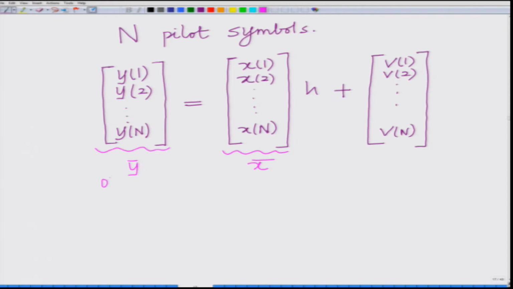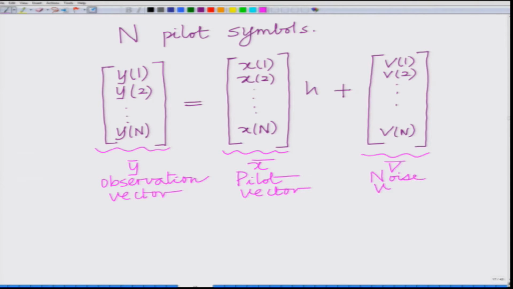So the system model for the estimation is: you have your vector y bar, this is the observation vector, this is your pilot vector, this is the noise vector v bar, and this is your channel coefficient h.